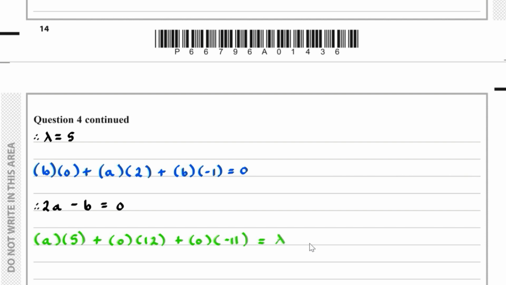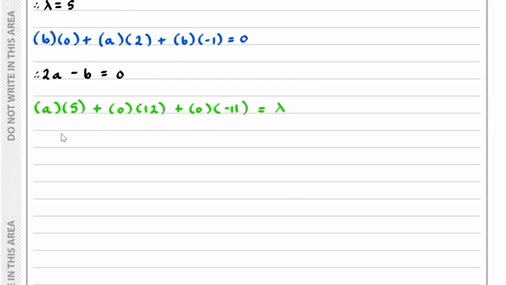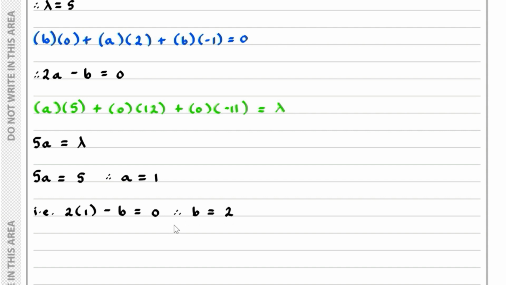The result of this is equal to lambda. 5A is equal to lambda, and we know that lambda is 5, so we have 5A equals 5. A is equal to 1. And knowing that A equals 1, if we substitute back into here, we have 2 lots of 1 minus B equals 0, so B equals 2. So we have found the values of A, B and lambda.